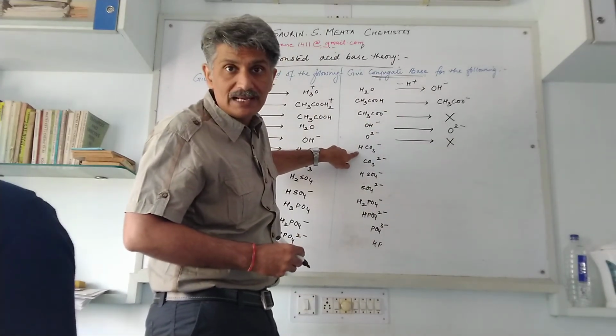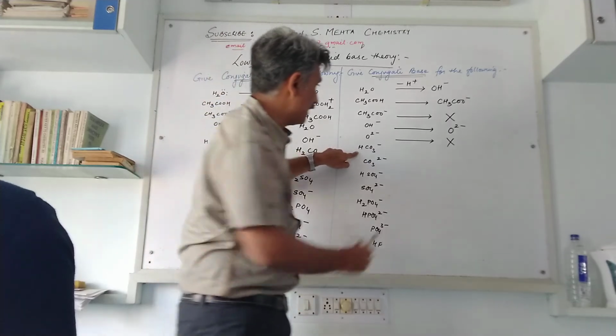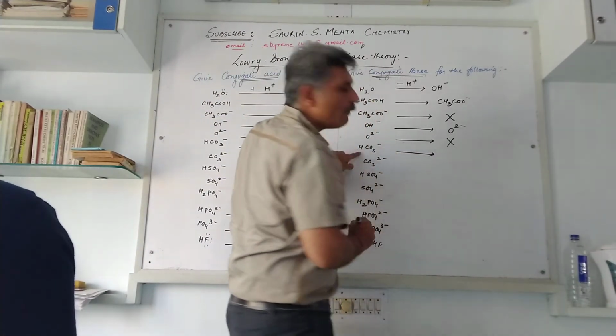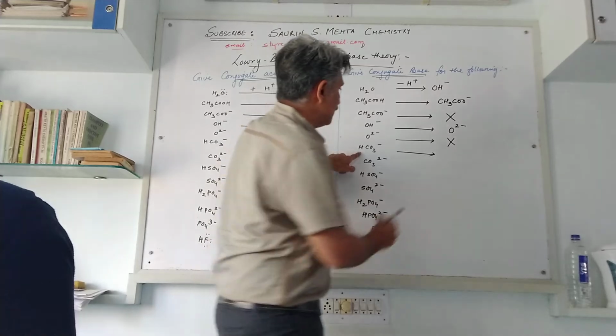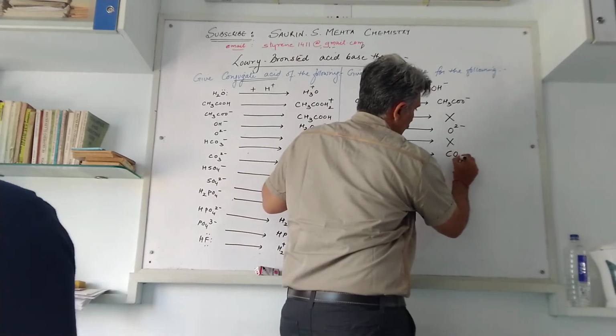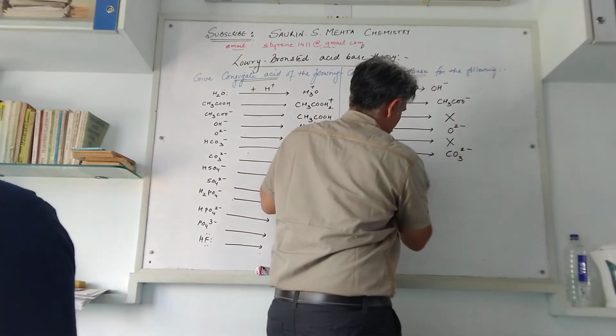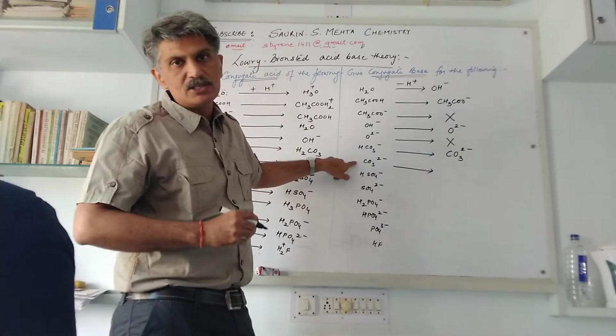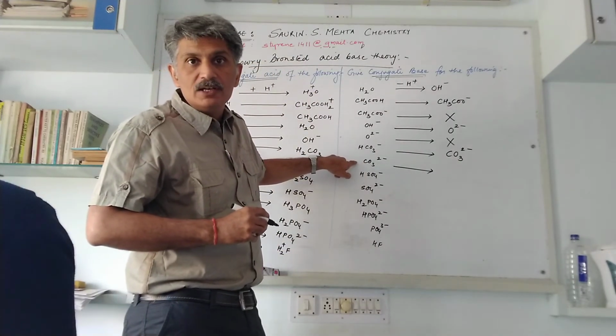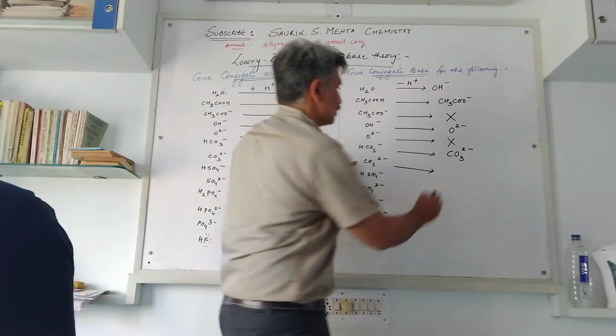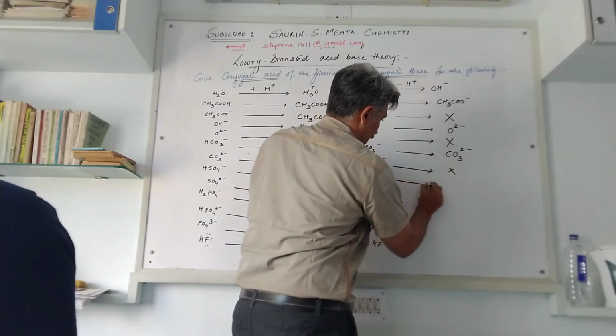For HCO3 minus, the bicarbonate ion, yes, I can, because the H from bicarbonate can be eliminated. So that will give you CO3 2 minus. Again, for the carbonate ion, CO3 2 minus, can I have a conjugate base? No, so here it is not possible.